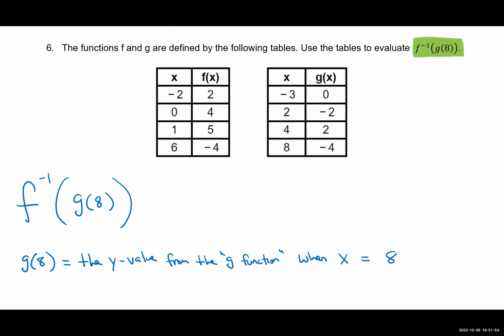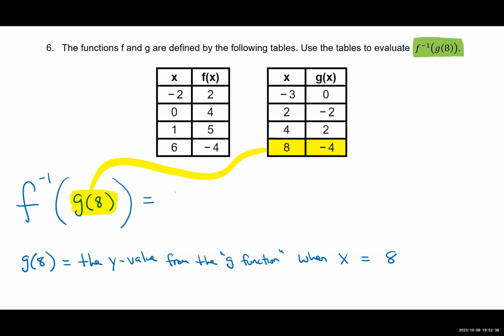So saying G of 8 means, what is the y value when the x value is 8? So we're only looking at this pair. When x is 8, the y value is -4. Let me do a little bit of color coding here. So G of 8 is the -4.